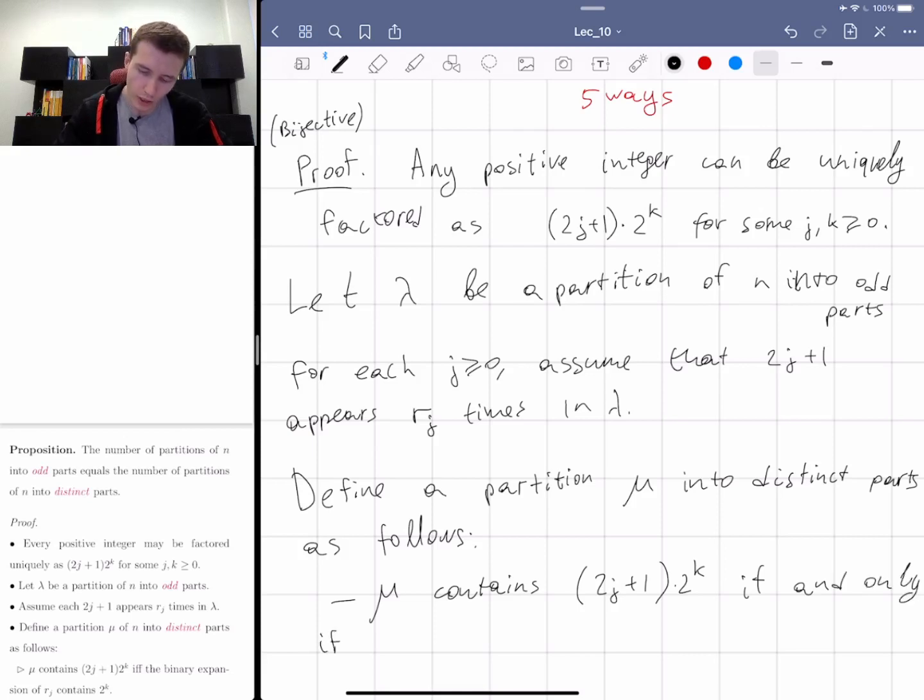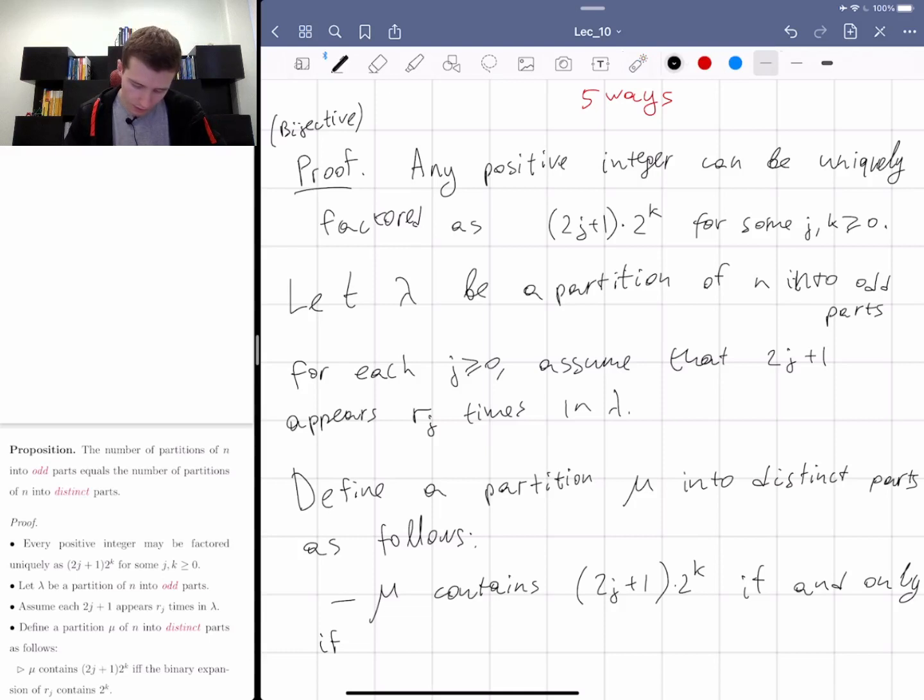now I have j and k. So how do I determine whether mu contains this part or not? Well, I look at the binary expansion of r sub j. R sub j, you can write it uniquely as a sum of a bunch of powers of 2. That's the binary expansion.